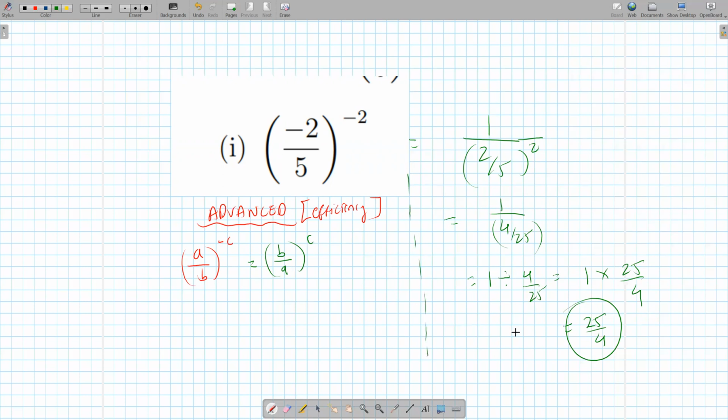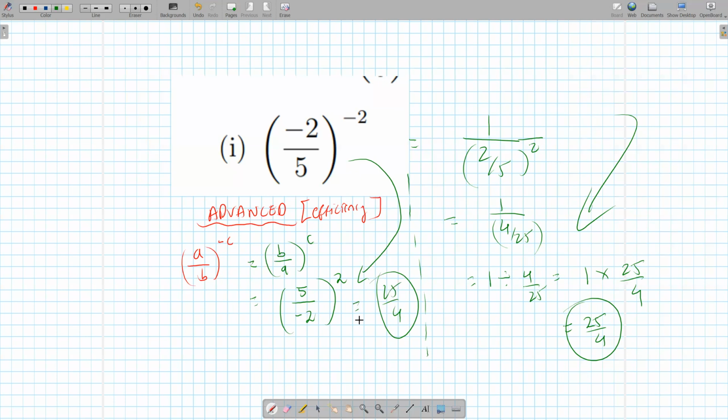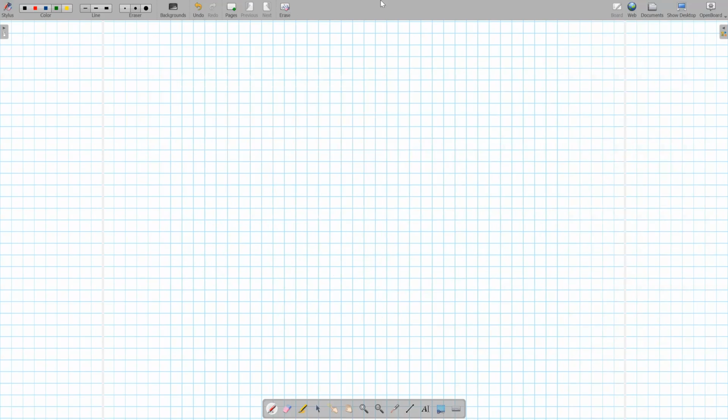We're basically just doing what we did here, but simplifying it into 2 steps. So in this case, we can just flip this upside down. We have a negative exponent, and only do this when the exponent is negative. We can put the denominator on the numerator, the numerator on the denominator, and make that a +2. You see that? And then open that, you get 25/4 in 2 steps, instead of how many more we did here. It's not really advanced, it's just what we will end up doing to save time.